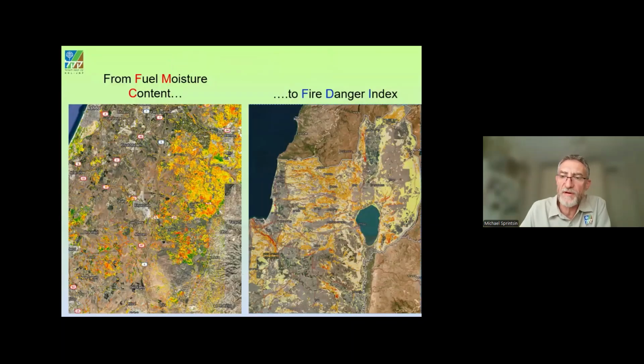Basically, we prepare ourselves for fire season by calculating two major parameters: fuel moisture content on the left imagery, based on long-term vegetation dynamics and the Australian model, and the fire danger index that is based on topography, fuel moisture content as an input, and vegetation composition.